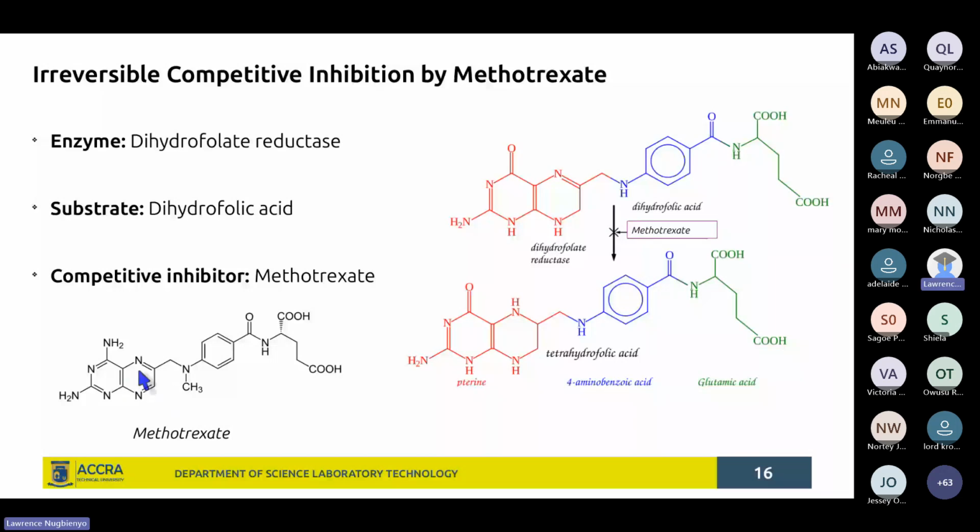The only thing is, in place of the hydrogen on that nitrogen on dihydrofolic acid, you have in methotrexate a methyl group, a CH3. And also methotrexate has an NH2, an amine group on that first ring there. In place of it, you have oxygen, a cyclic ketone group in dihydrofolic acid.